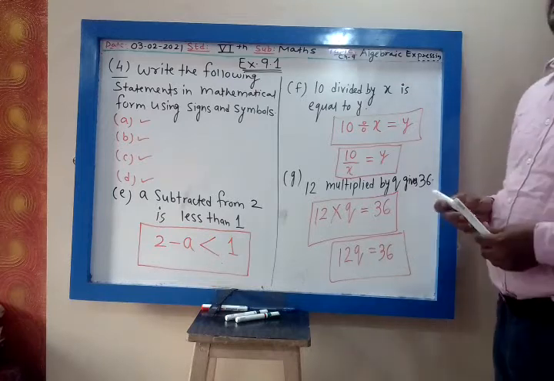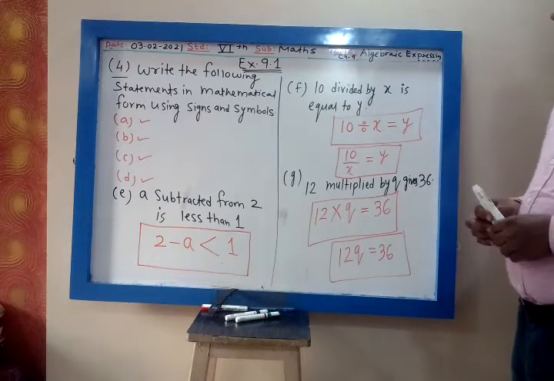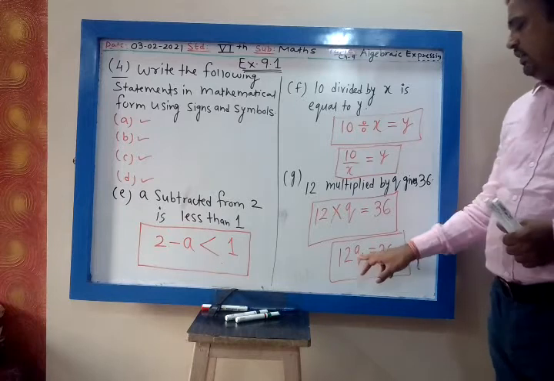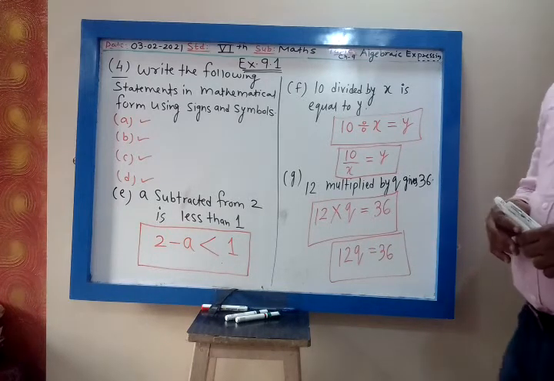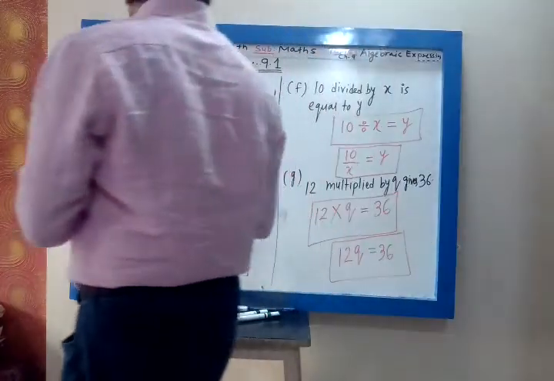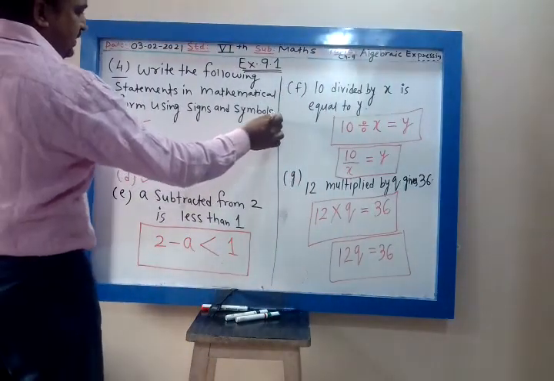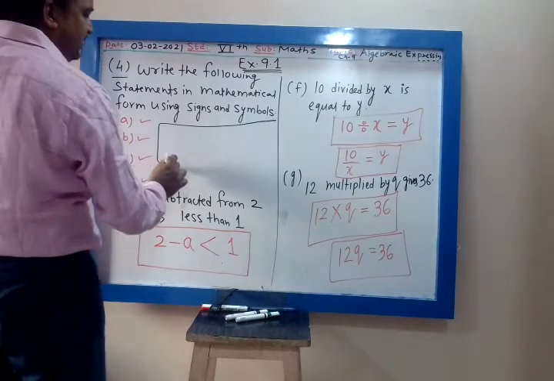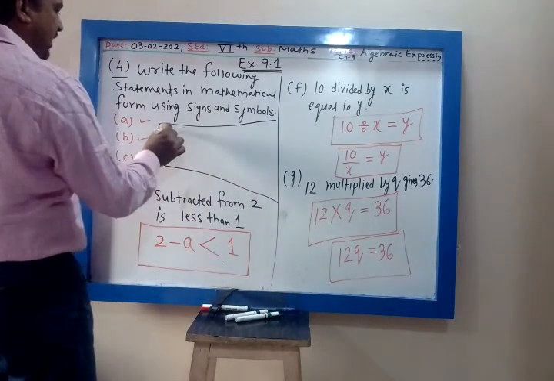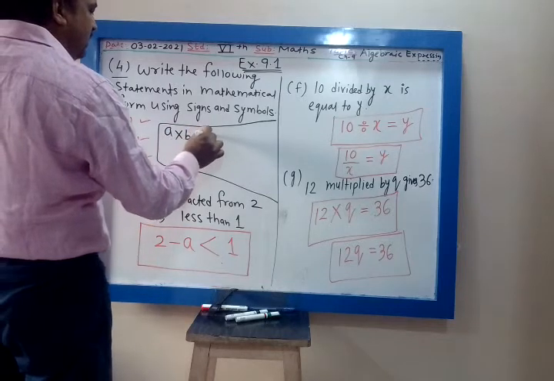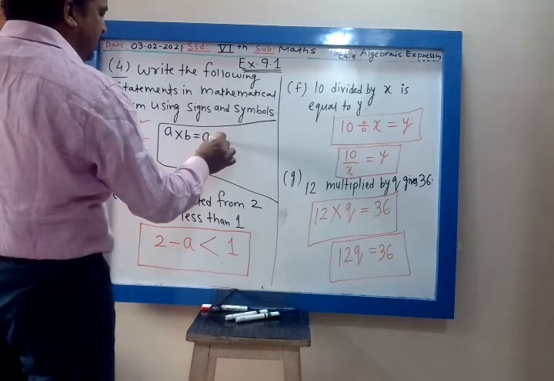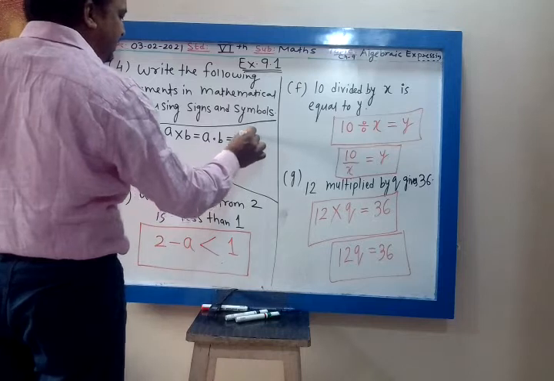12Q means 12 into Q, because see the result: A into B is same as A dot B. A dot B is same as AB.